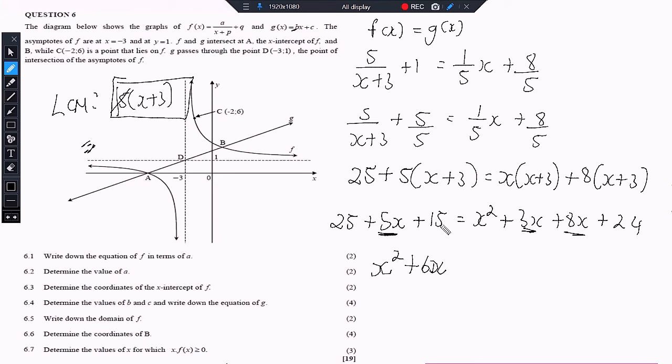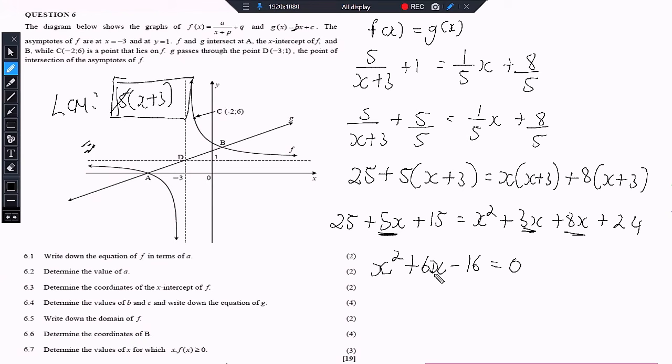That will give us 40. And then if we say 24, so remember the 40, we must transpose it over to that side. If we say 24 minus 40, that is supposed to give us minus 16, right? So minus 16. So you can do the maths to confirm that it is equal to 0.